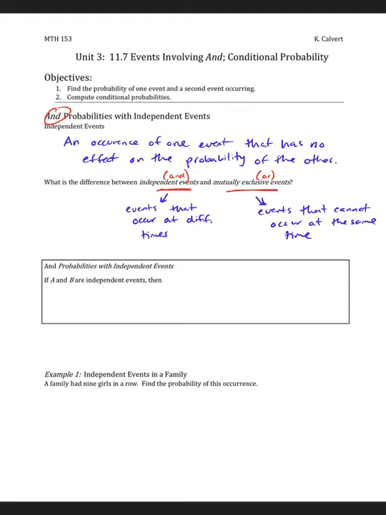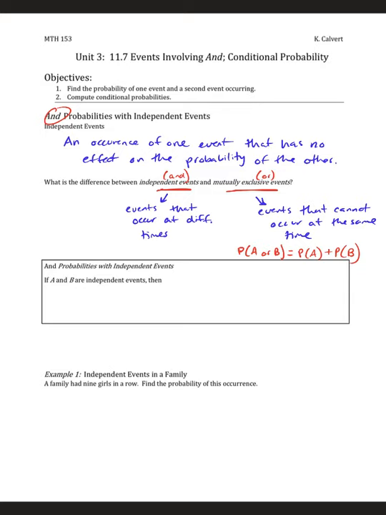Think of this as you can't flip a heads and a tails on one single flip. These would be mutually exclusive. And just as a review, for mutually exclusive events, you'd take the probability of A or B, and we'd take this as the probability of A and add it to the probability of B.